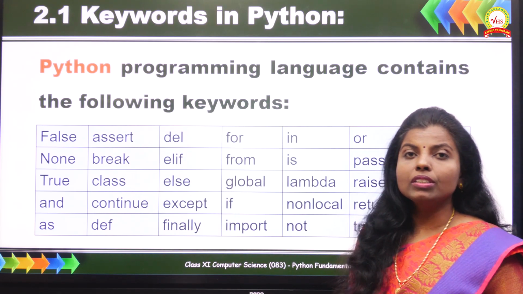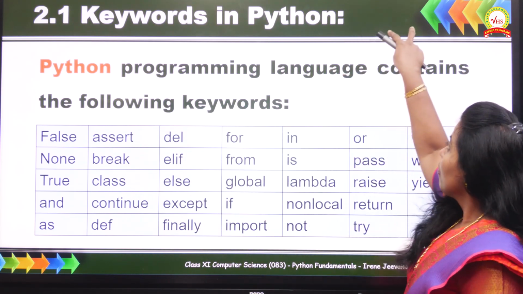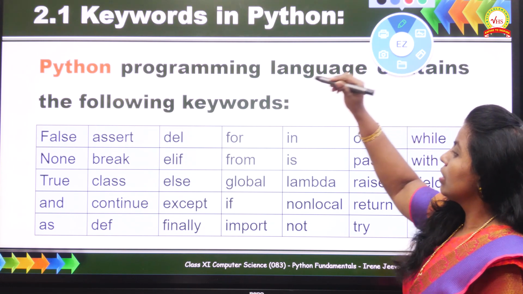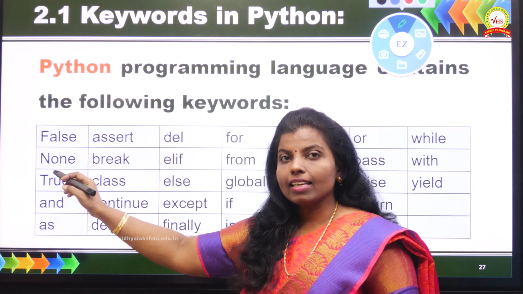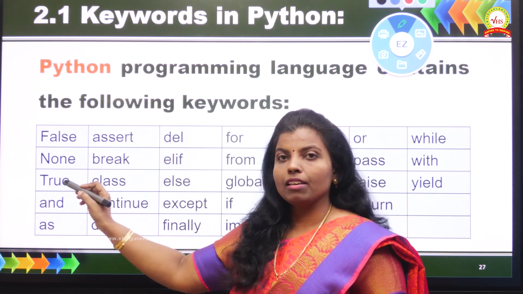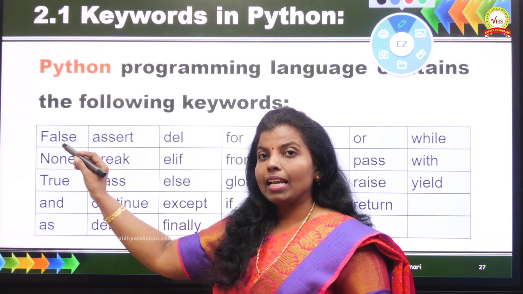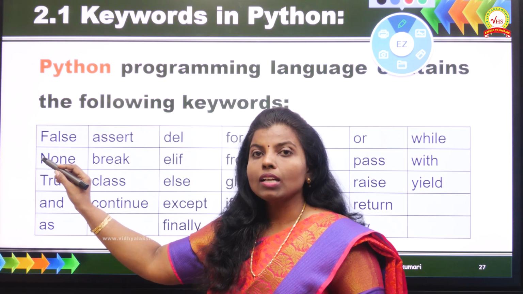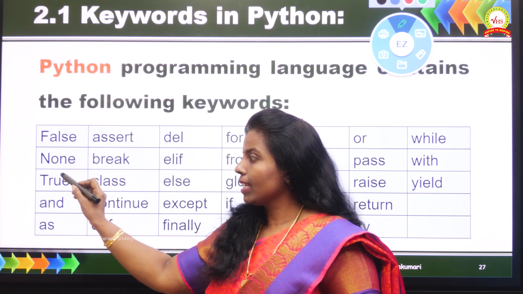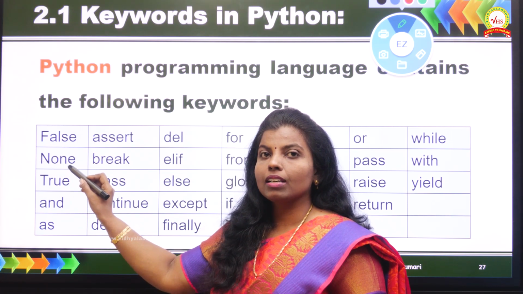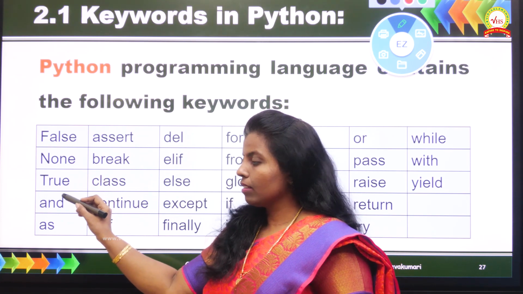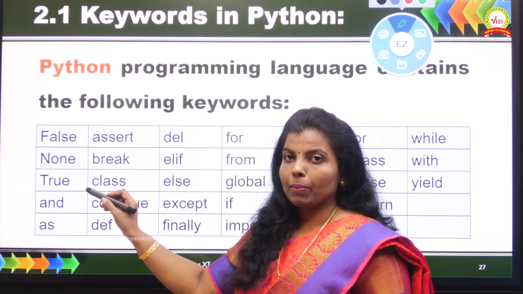If you look into these keywords, the first keyword is False, the second keyword is None, and the third keyword is True. The first keyword begins with a capital letter or uppercase letter, the next keyword None also begins with an uppercase letter, and the third keyword True also begins with an uppercase letter.